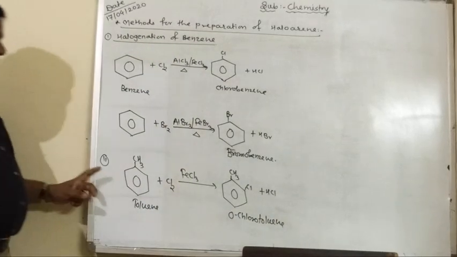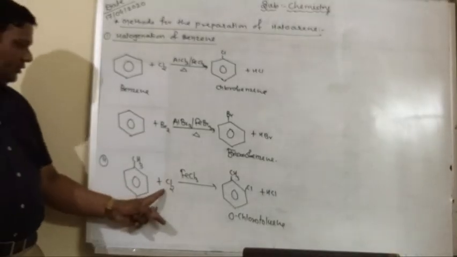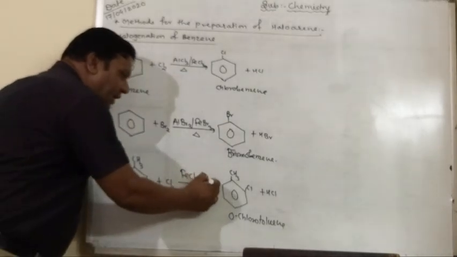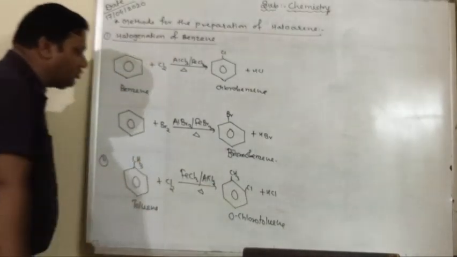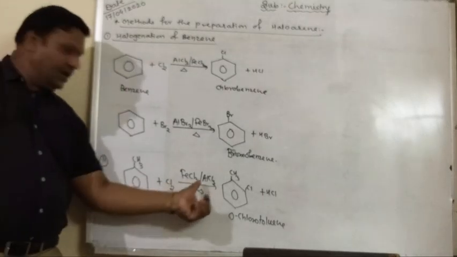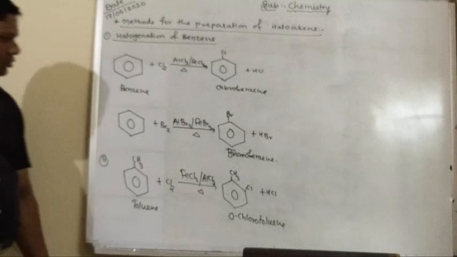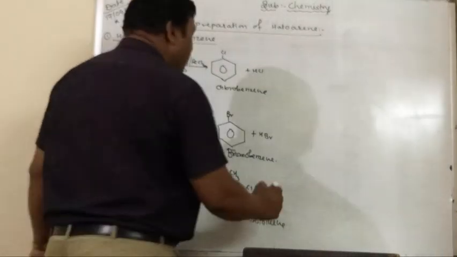Again I repeat, here toluene reacts with chlorine molecules in presence of FeCl3 or AlCl3. Out of these two, anyone you have to take. These are the Lewis acids. So you will get this compound orthochlorotoluene and removal of HCl.